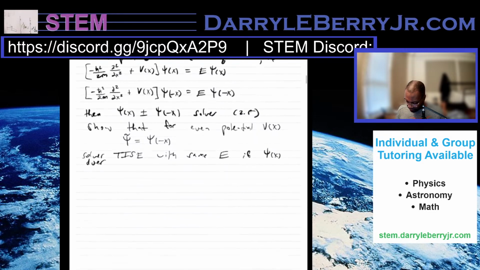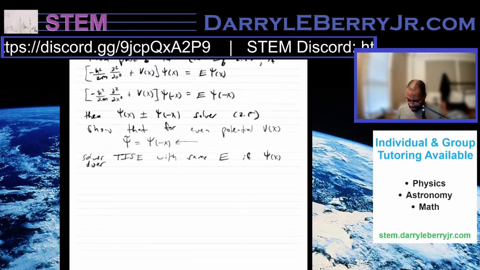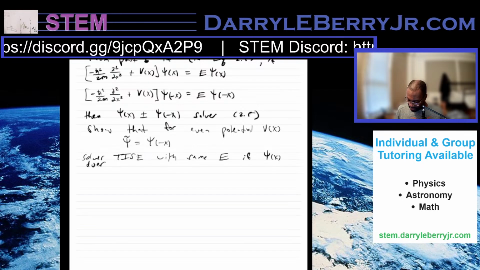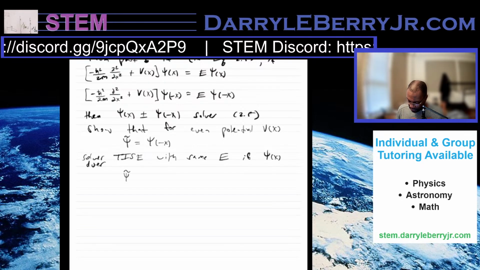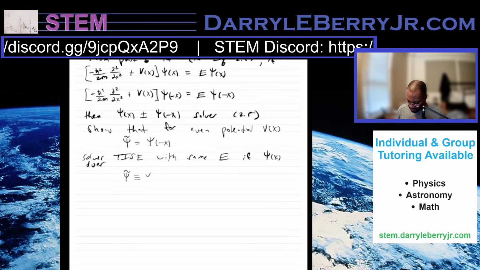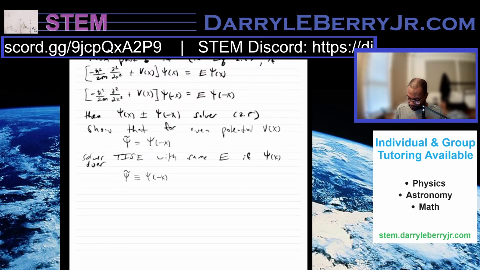I'll start that off, and instead of writing, I define my psi tilde as psi of negative x to save on some writing.